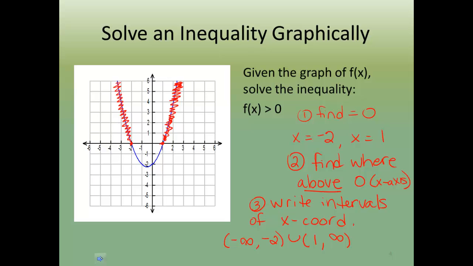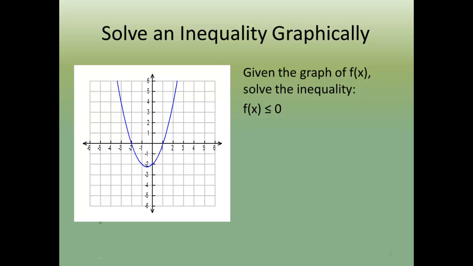Let's try the same graph, but this time let's talk about where it's less than or equal to 0. So this means I want to know where the graph is below, and 0 means it's below the x-axis. Okay, so same steps.